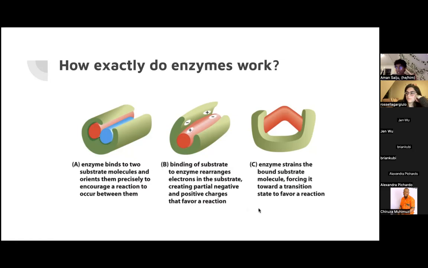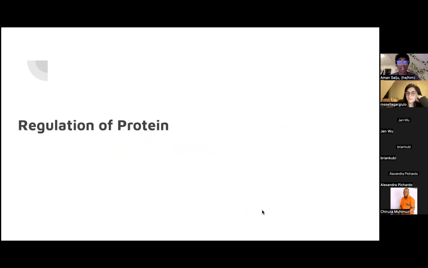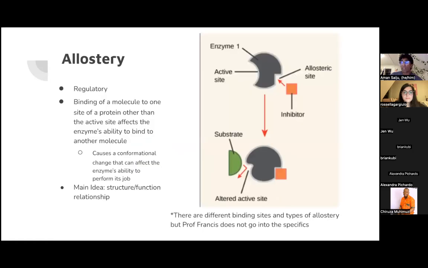All right. So, like I just said, enzyme activity is highly regulated, and that's what I'm going to be talking about now. One of the most important things is the idea of allostery. Allostery is a regulatory process through which an enzyme has multiple binding sites for ligands.